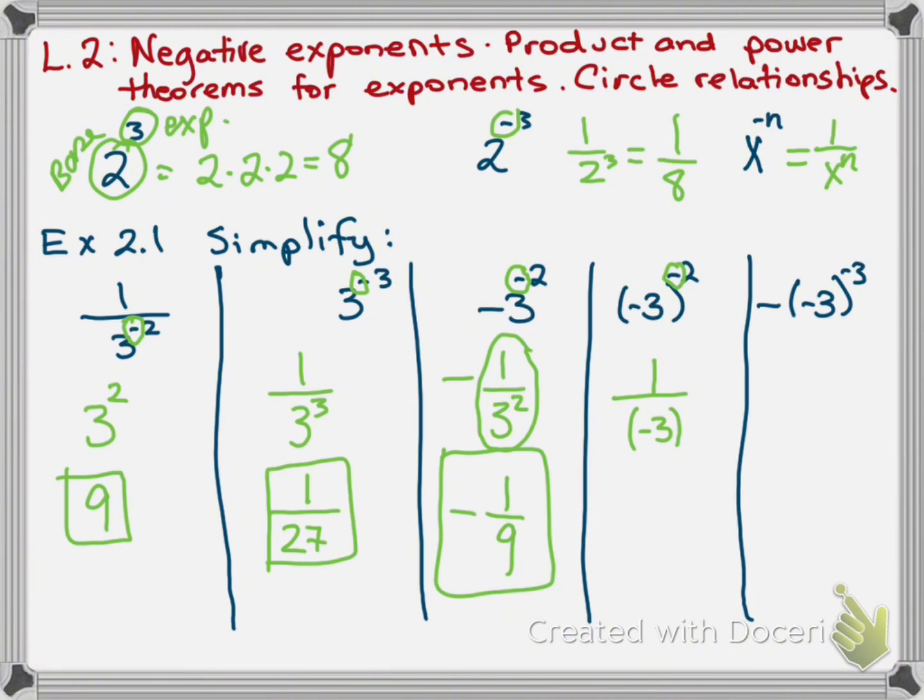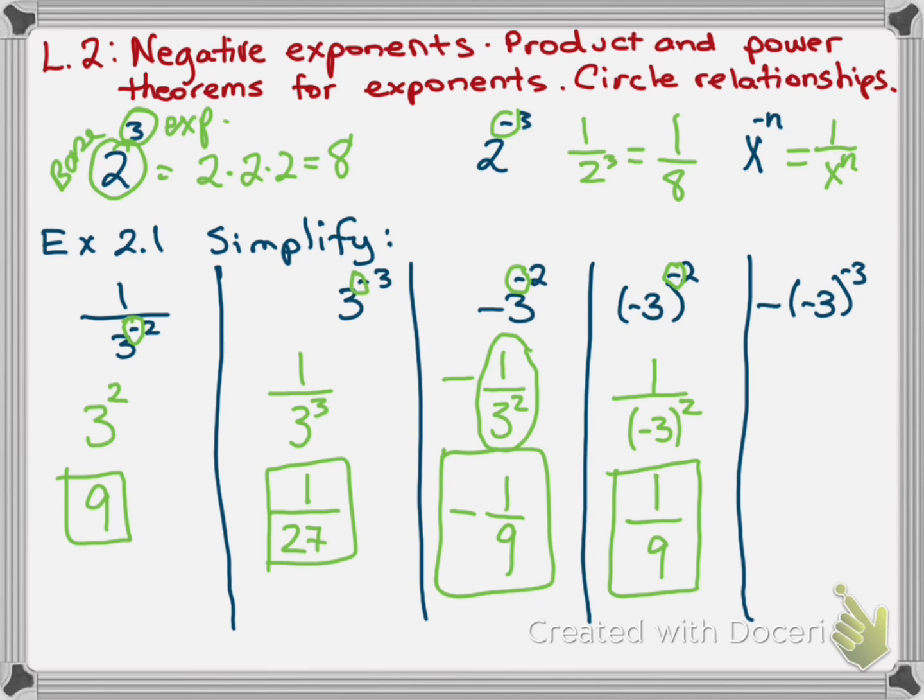So 1/3 with the negative there in the parentheses. Now notice that that's going to be different because in that case, I'm multiplying negative 3 times negative 3. I'm doing that first. So it's going to be positive 1/9 because negative times negative is positive. Notice the difference between these two. The signs. One is positive and the other one negative because of the parentheses.